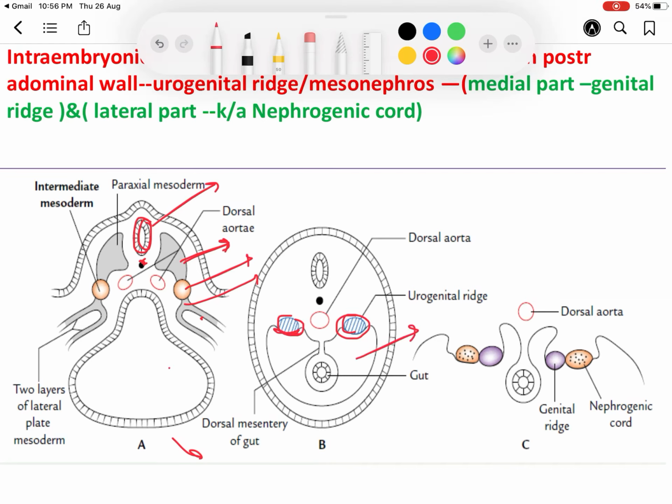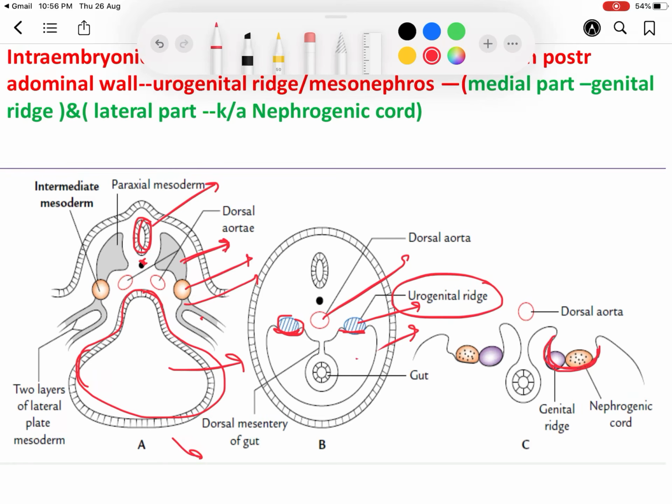This is the peritoneal cavity, and it is lined by coelomic epithelium. So the coelomic epithelium together with the intermediate mesoderm both form a bulging on the posterior abdominal wall on each side of the dorsal aorta, and this bulging is called the urogenital ridge.